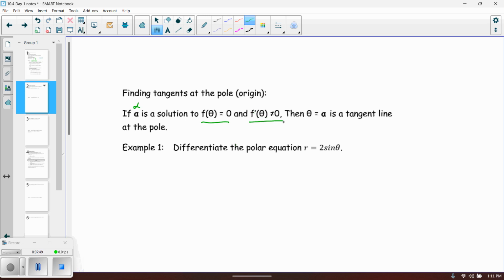Our first example here, number 1, differentiate the polar equation r equals 2 sine theta, or basically we are trying to find dy over dx.